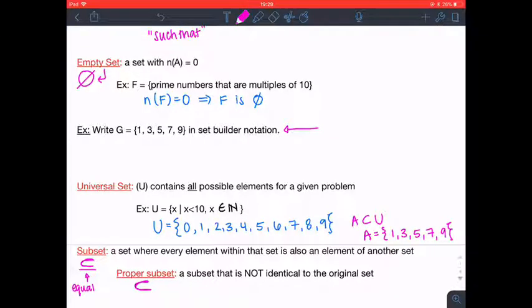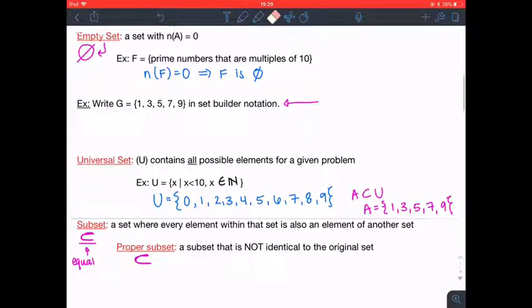Remember, the term sub means like within and below.